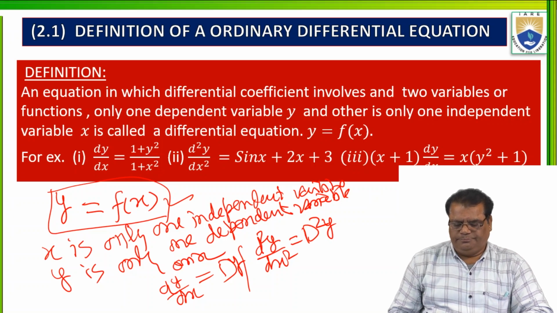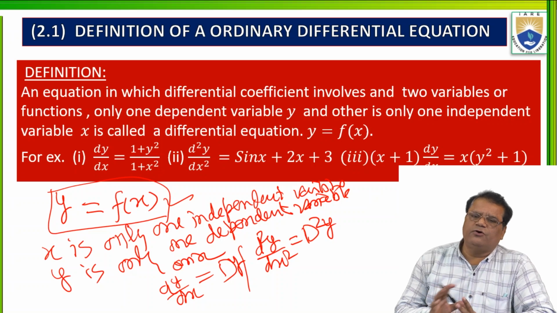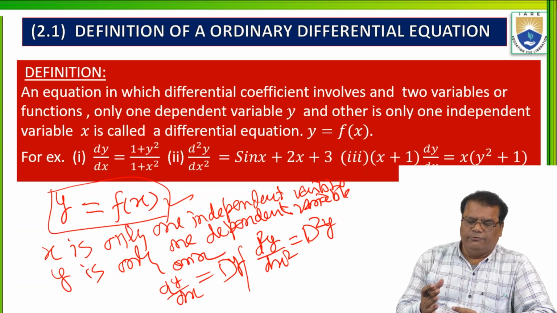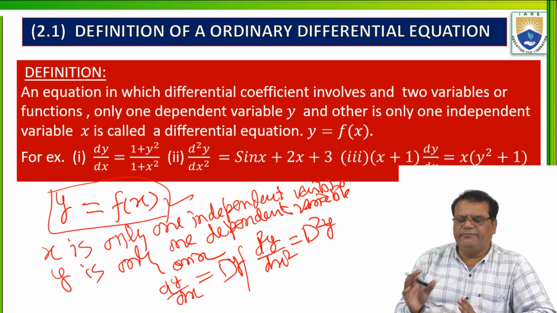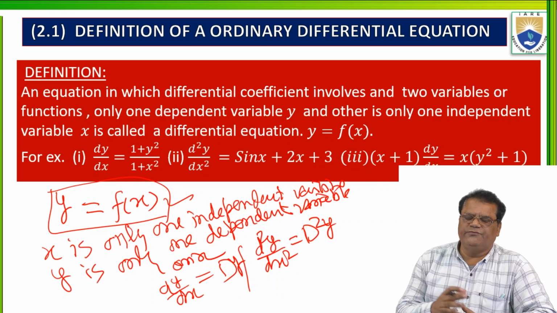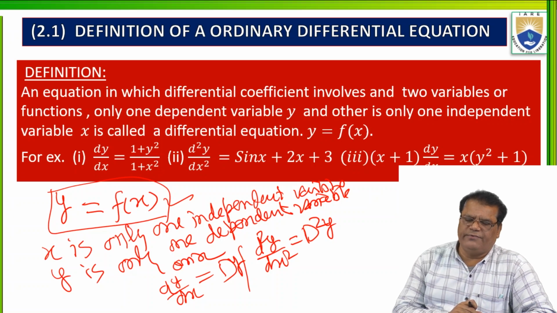So a relation in which differential coefficients are involved and there are two variables or two functions, one is the independent variable x and the other is the dependent variable y, and y is dependent on x. In this differential equation the form of the function is y is equal to f of x.